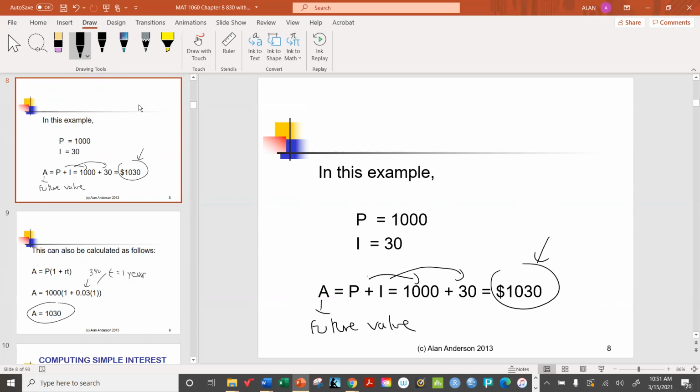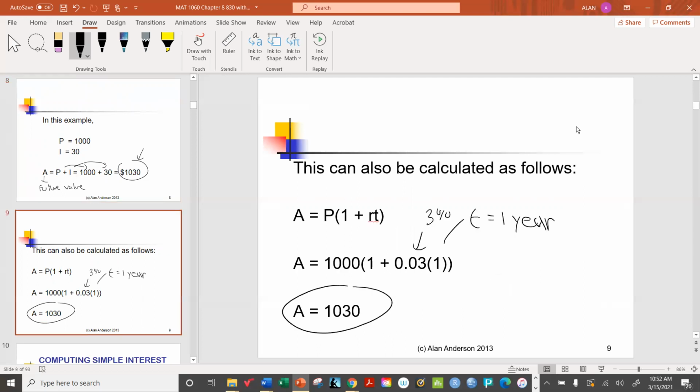But we'd also like to confirm that the other version of this formula works as well. So I'll give you a minute to catch up and then we'll see how that works. All right, so if we use the other approach, then we would have done it this way.